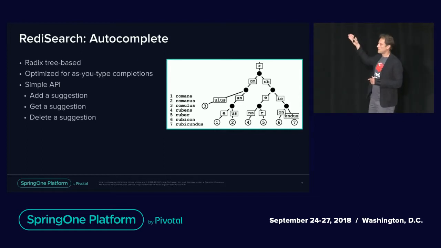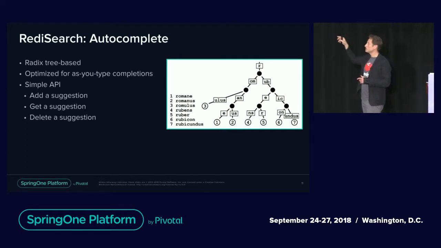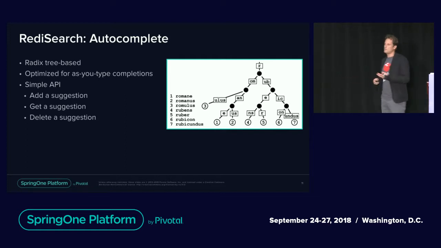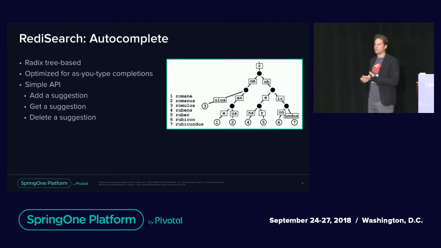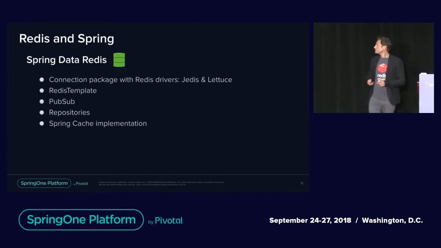So if you type the character R, it's going to complete you with either OM or UB, and then as you go down, you refine your completion. It's a simple API. You can add a suggestion with a command, get a suggestion with another command, and finally delete suggestions with a third command. So you only need to know three commands to make this work. And again, this is all based on memory, so extremely fast, and very well suited for websites where you have to provide some help for your users.